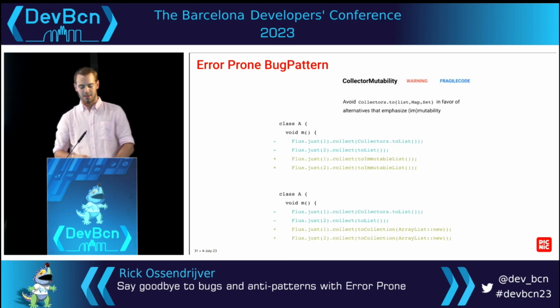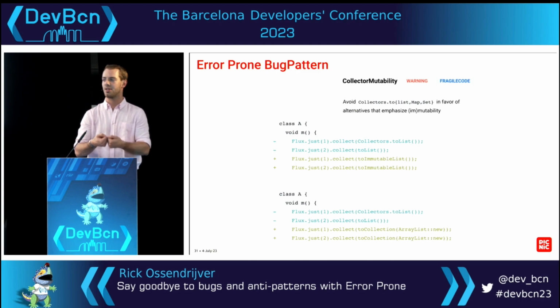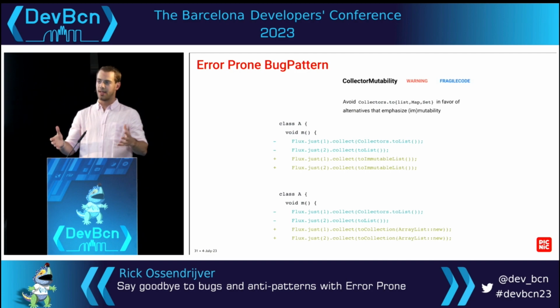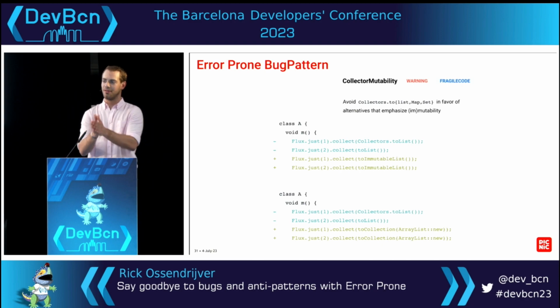And another one is the collector mutability. So for the Collectors toList, toMap, and toSet, the Javadoc actually states you cannot make any assumptions about the immutability. And well, we're fans of immutability, so we prefer to rewrite everything to the immutable variant.